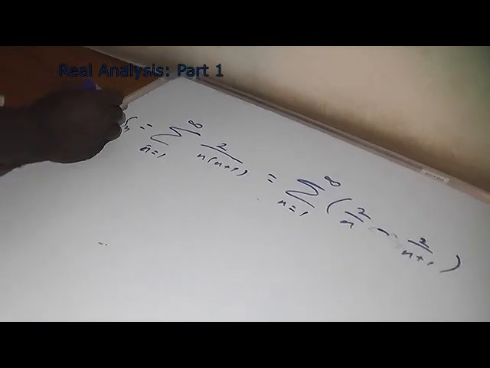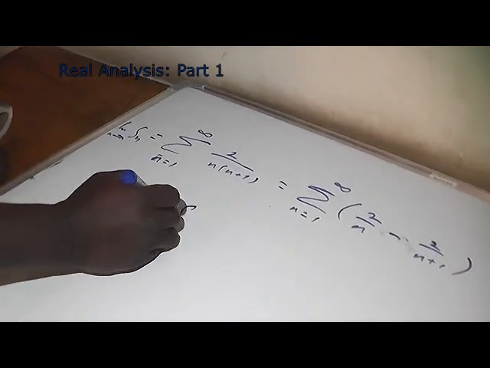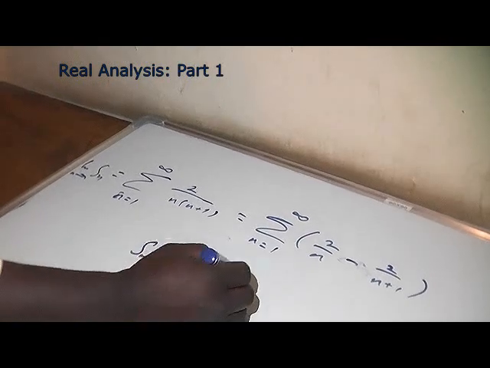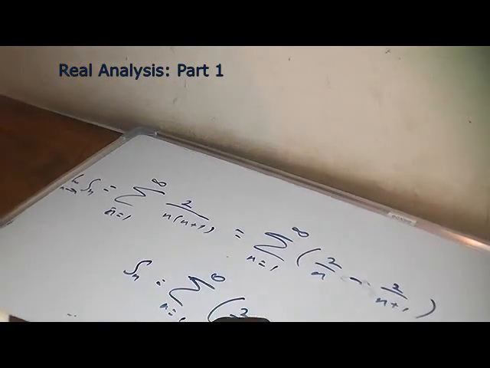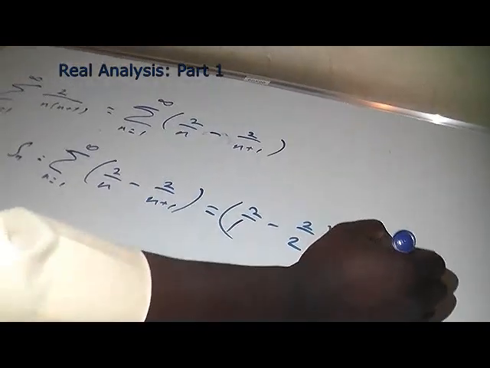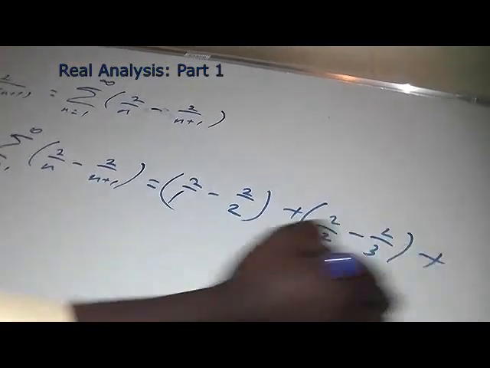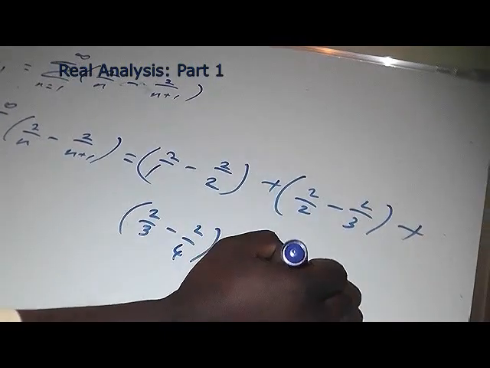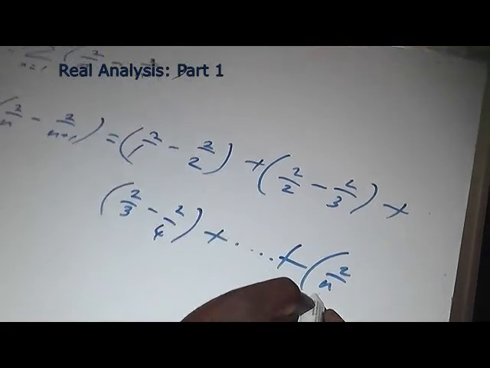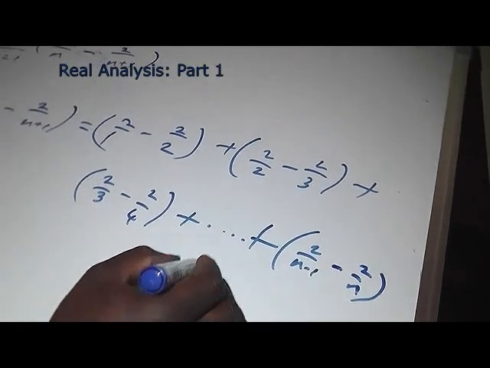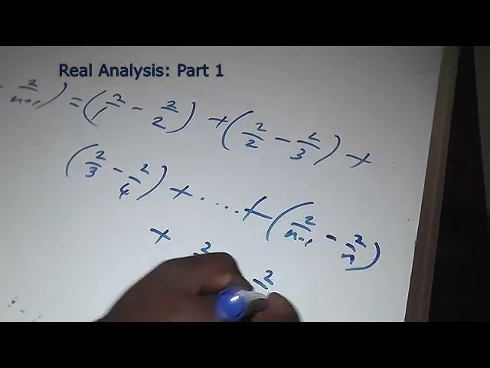Now, this is Sn, limit as n tends to infinity. So our Sn is the summation, n from 1 to infinity, of 2 over n minus 2 over n plus 1, which is equal to 2 over 1 minus 2 over 2 plus 2 over 2 minus 2 over 3 plus 2 over 3 minus 2 over 4, up to plus 2 over n minus 1 minus 2 over n plus 2 over n minus 2 over n plus 1.